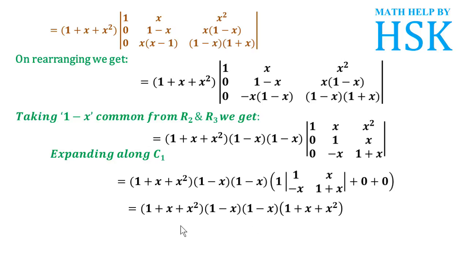Now, these terms can be written as 1 minus x into 1 plus x plus x square whole square, and the terms inside the bigger bracket are such that they can be written as 1 minus x cube. So this will be equal to 1 minus x cube whole square. So this is what we were required to prove, and hence the question is proved.